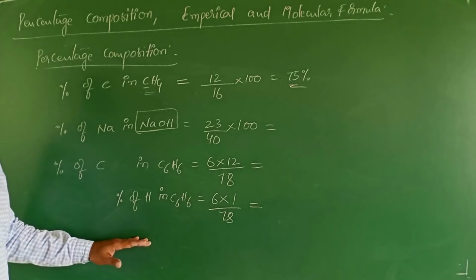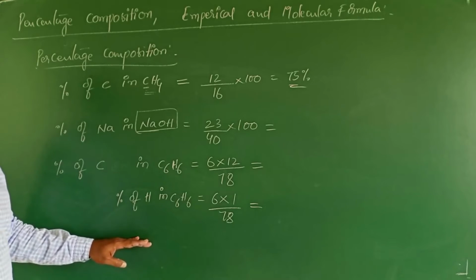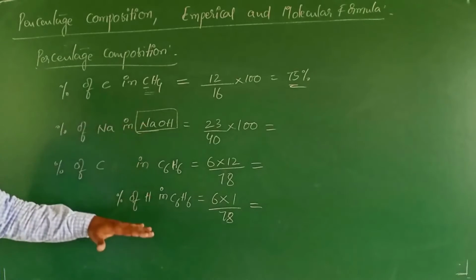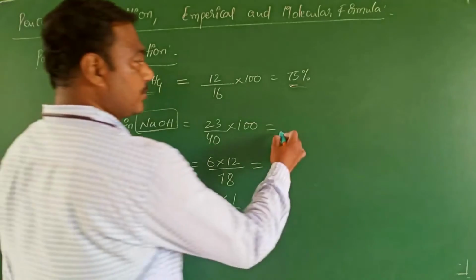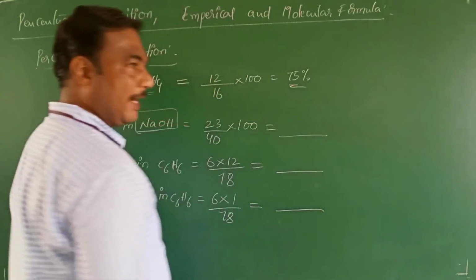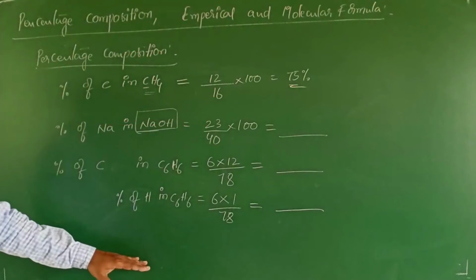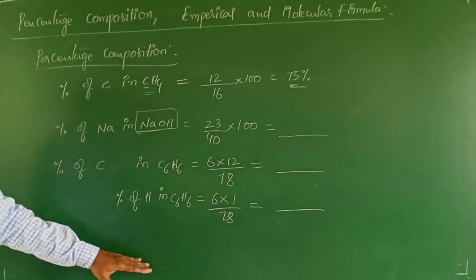Once again, the number of parts by weight of an element present in 100 parts of a compound is called percentage composition. Please simplify and write the values here.